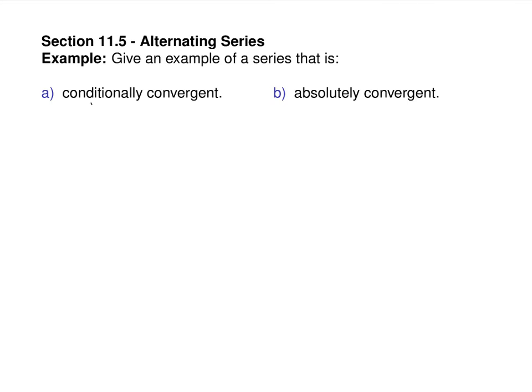We had conditional convergence. This is where the series converges, so the sum of the a_n's converges, but the sum of the absolute values does not. And absolutely convergent means that the sum of the absolute values converges.